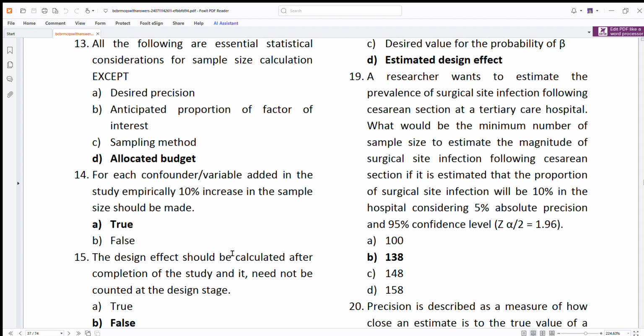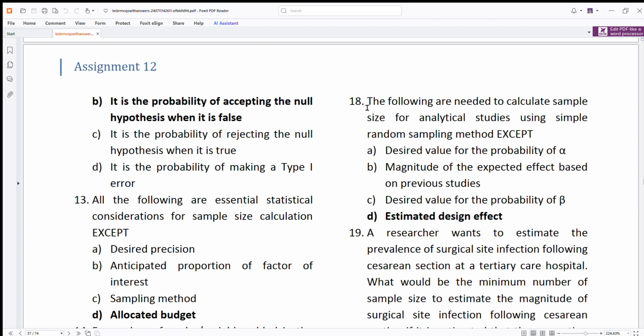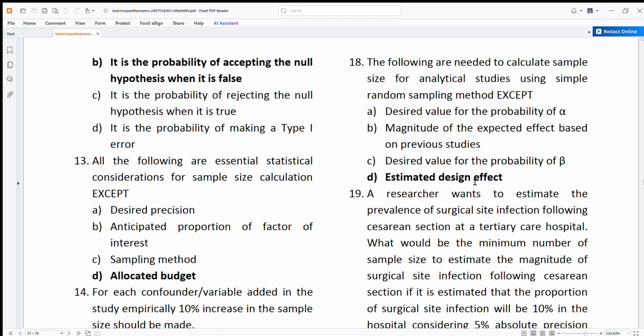Then moving on to the following, we need to calculate sample size for analytical studies using simple random sampling method except desired value, estimated design effect. Because design effect is the effect, the outcome. So we don't know that, right?